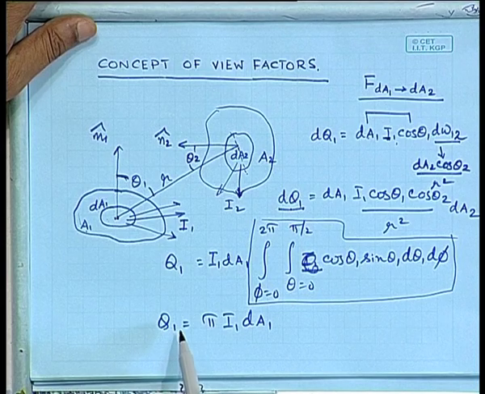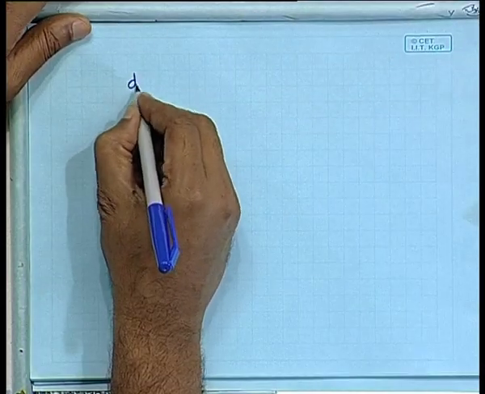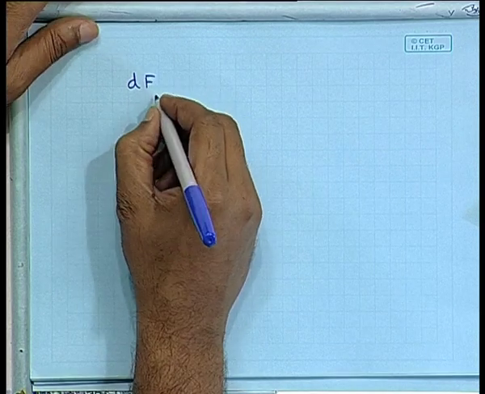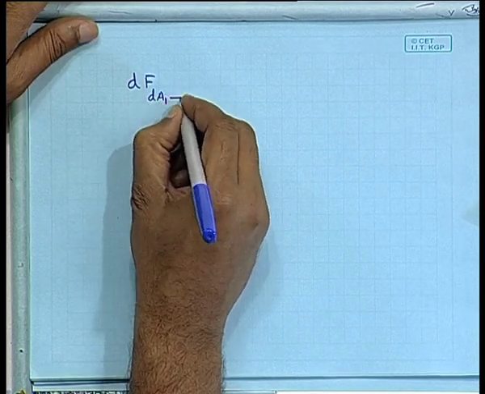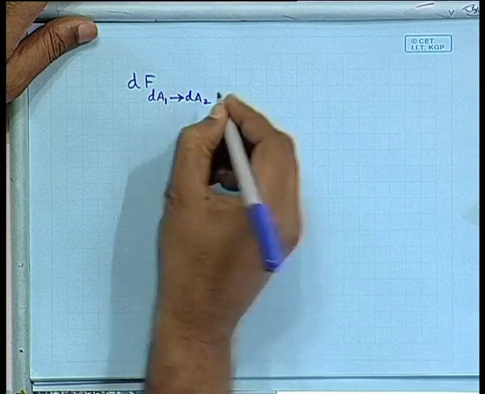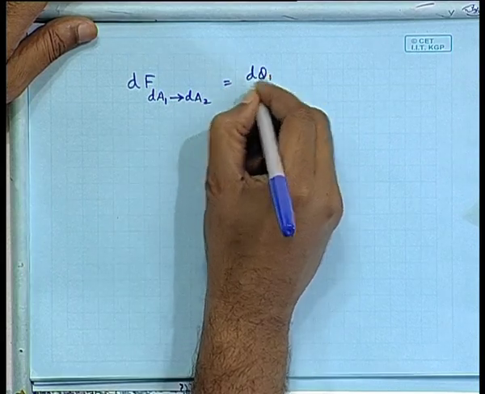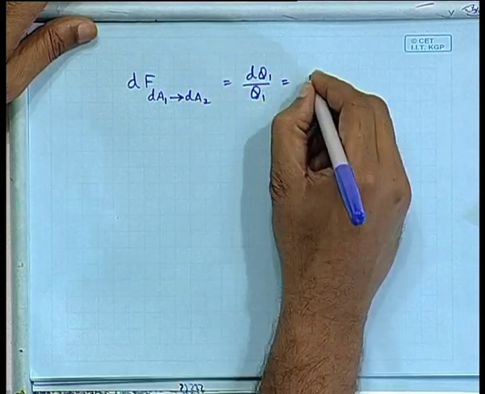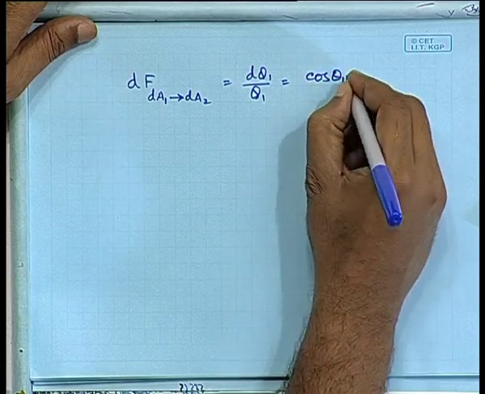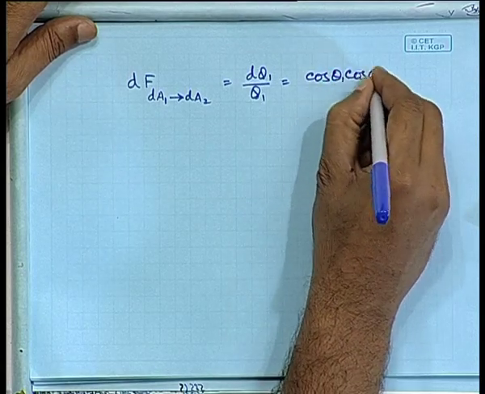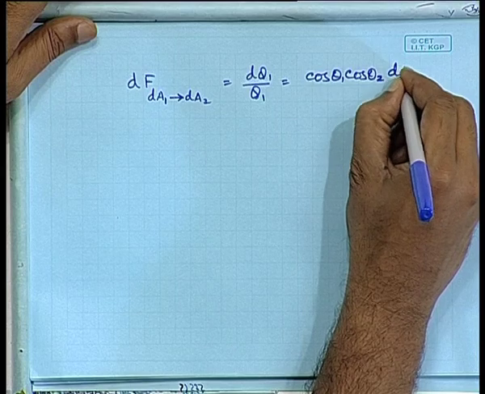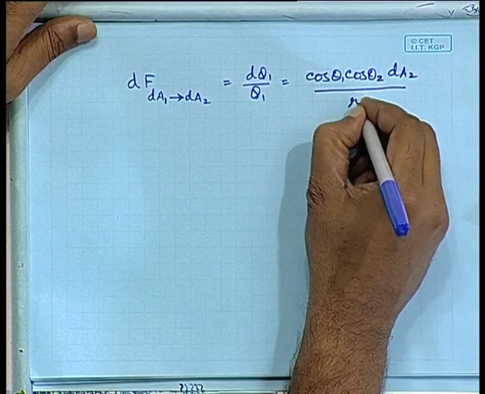That would give me the fraction, which is the view factor. So, the elemental view factor between dA1 and dA2 would simply be equal to dq1 by q1, and this is cos theta 1 cos theta 2 dA2 by pi r square.